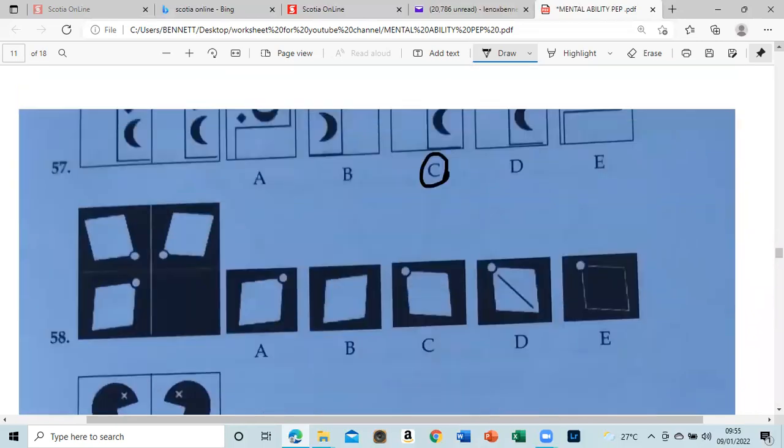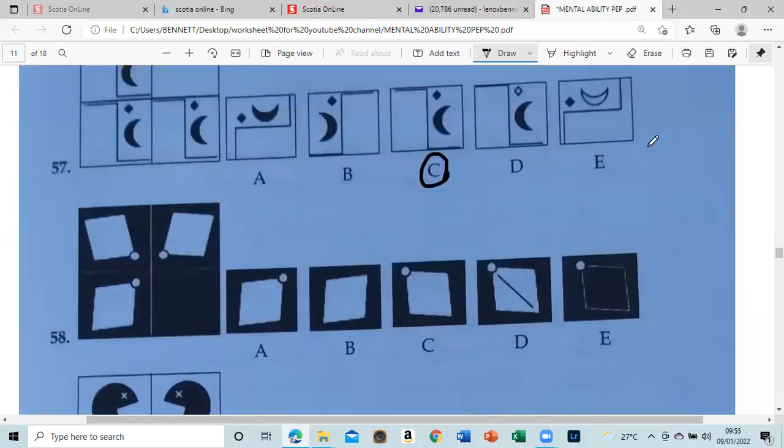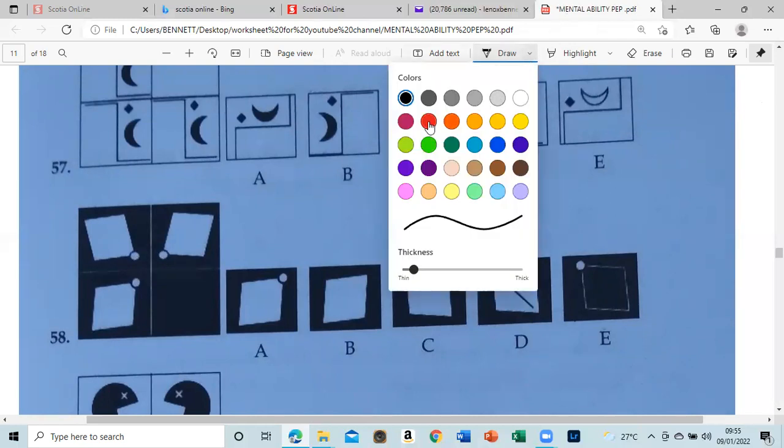Alright. Let's move on to 58. Everything, the circle part must go together. See? One circle, point to this, point to this. So let's look at the circle part right here. Let me use a different color. Let me see if red can be.